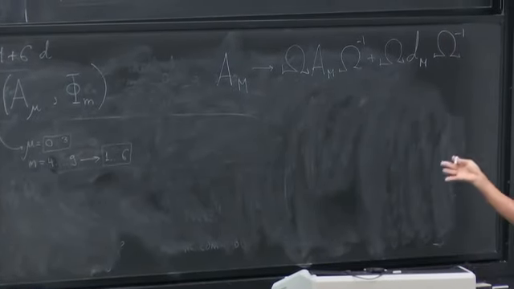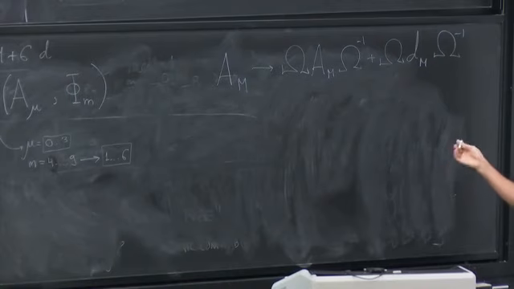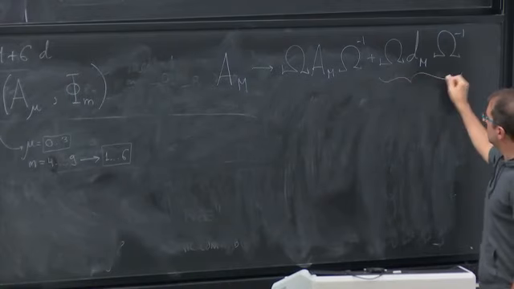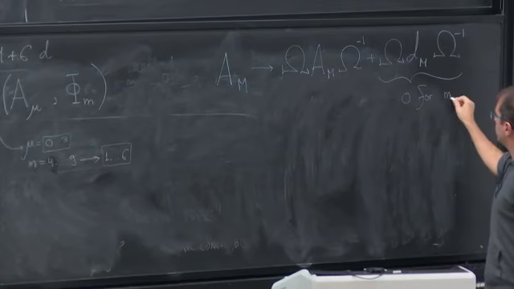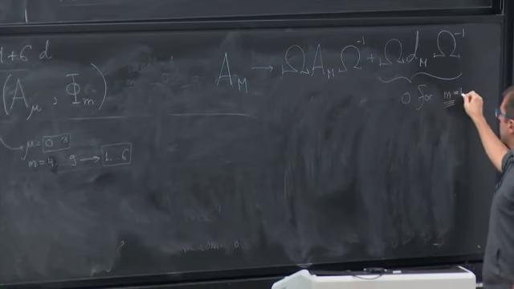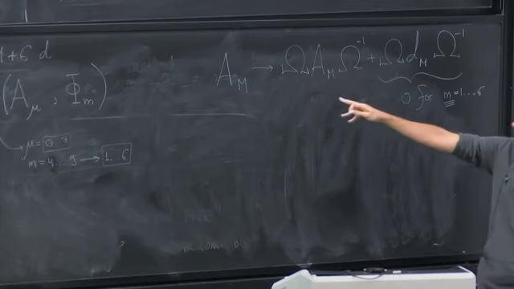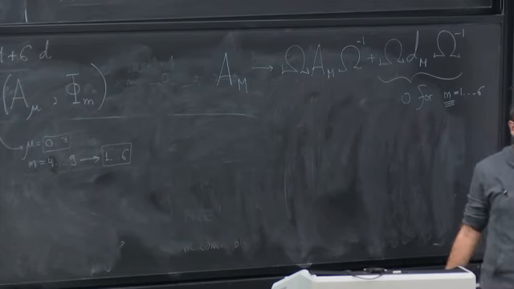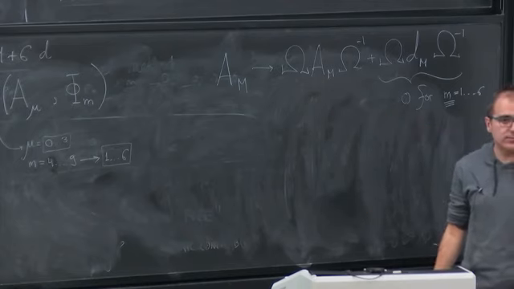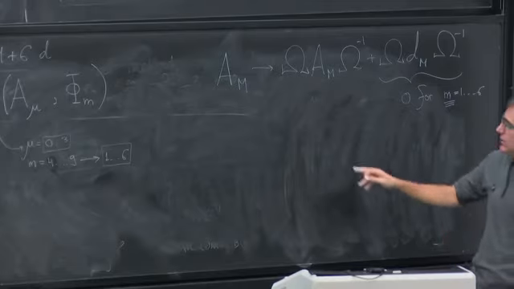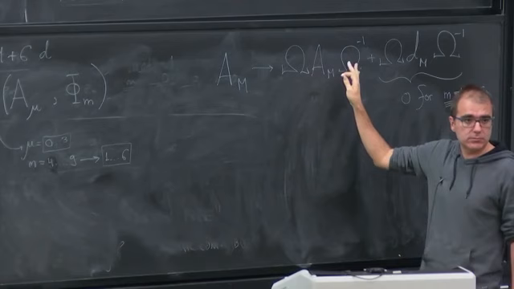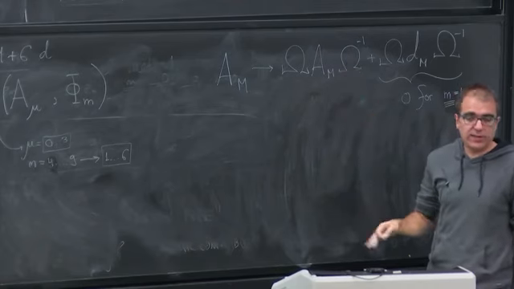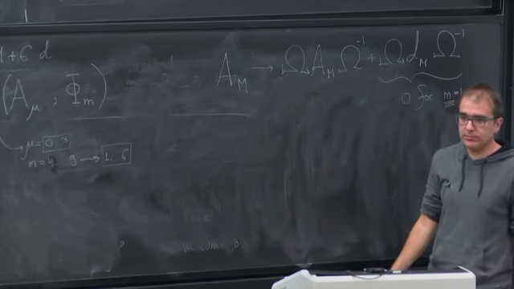But if we don't allow anything to depend on the extra 6 dimensions, this is 0 for the index m along the last directions. And so the last components of the gauge field just transform like a scalar, like an adjoint field, like the fermion. It's not a connection anymore.